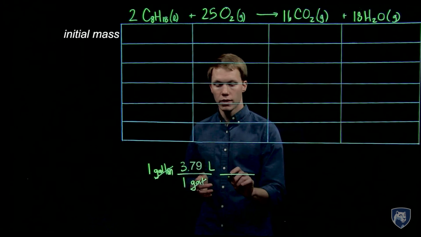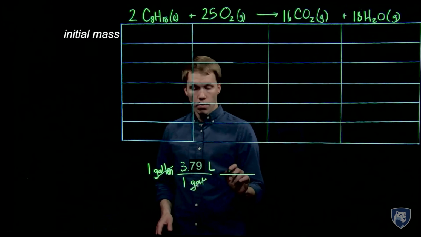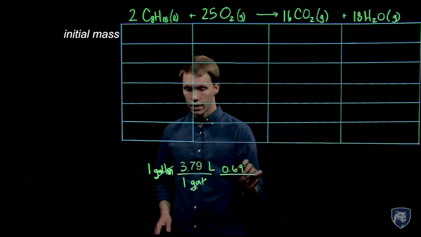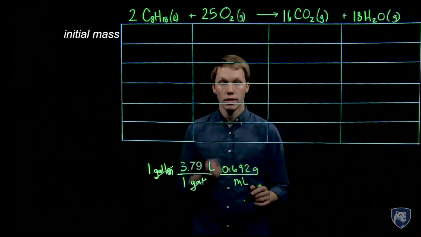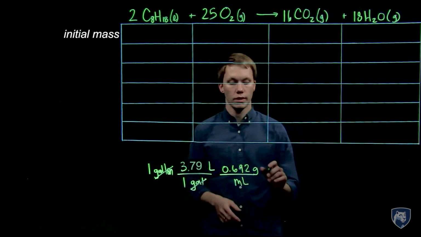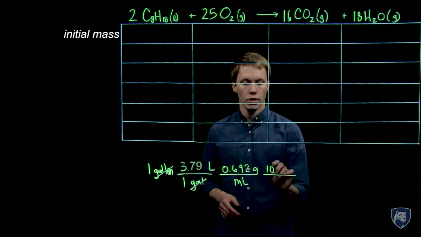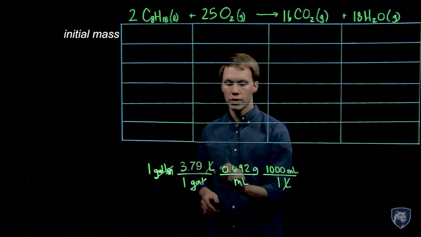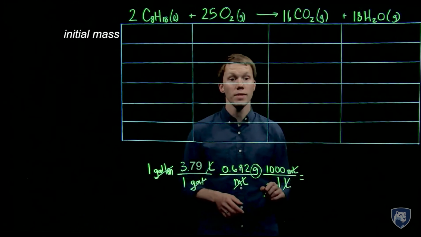The density is given as 0.692 grams per milliliter. And the milliliters will not cancel with the liters directly, so we need to throw in another conversion here where there's 1,000 milliliters in 1 liter. So now my liters cancel, my mils cancel, and I'm left with a final unit of grams.